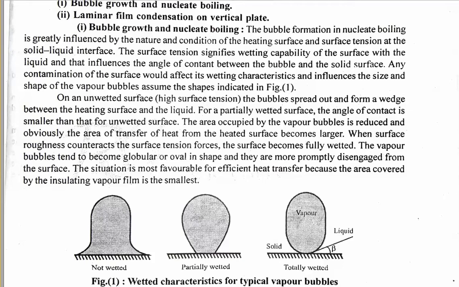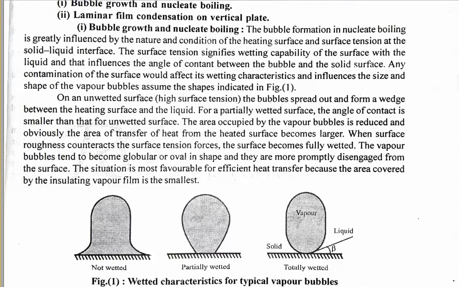The surface tension signifies the wetting capability of the surface with the liquid, and it influences the angle of contact between the bubble and the solid surface. Any contamination of the surface would affect its wetting characteristics, influencing the size and shape of the vapor bubble.